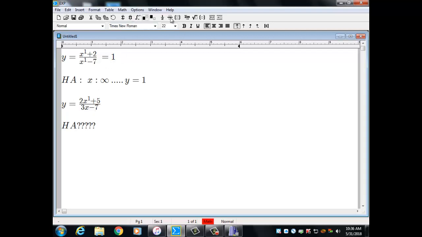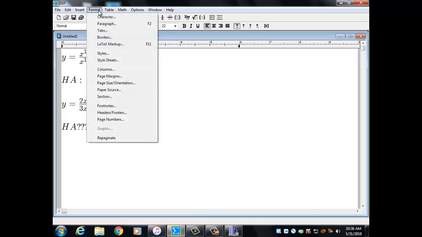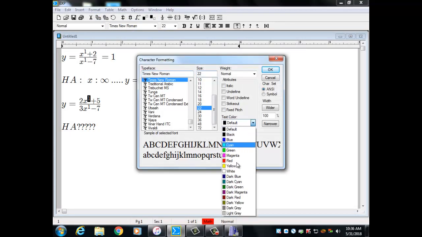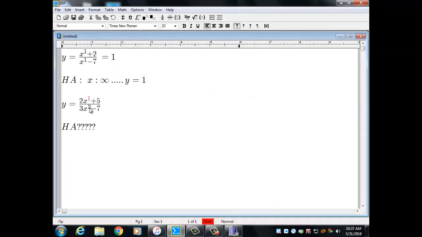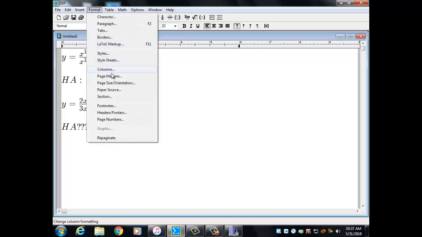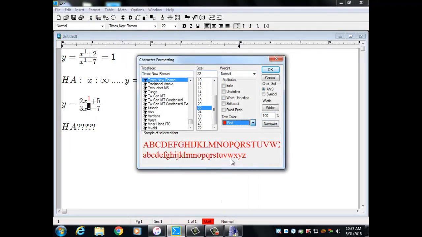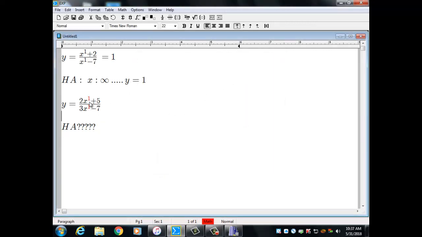I look at these two exponents. If these two exponents are the same, if the largest exponents are the same, then it will be y equals whatever these two numbers are.